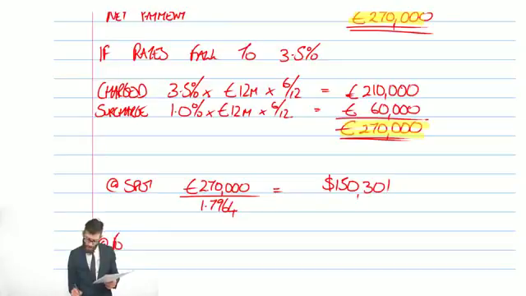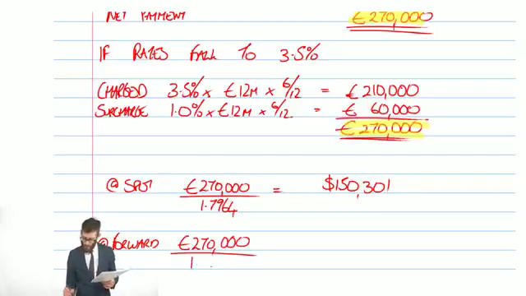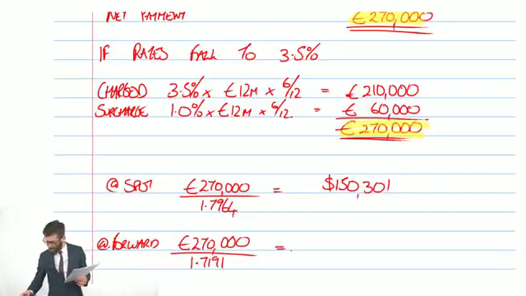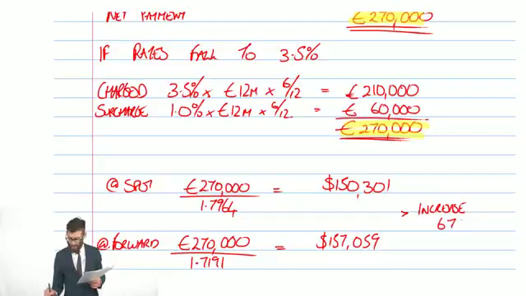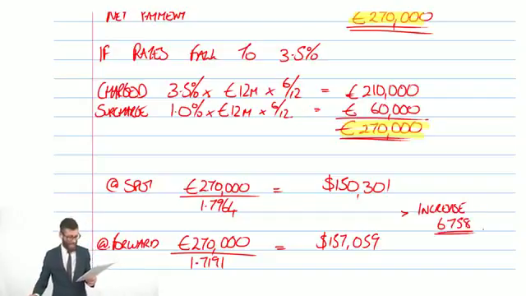At the forward, that 270,000 divided by 1.7191 gives us 157,059, meaning an increase of 6758.